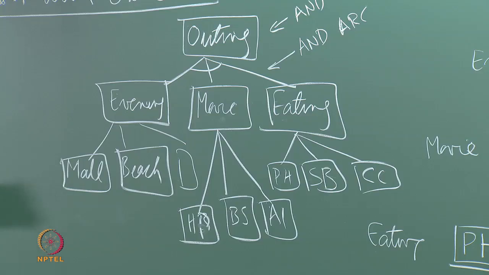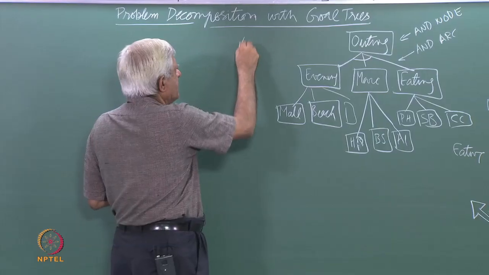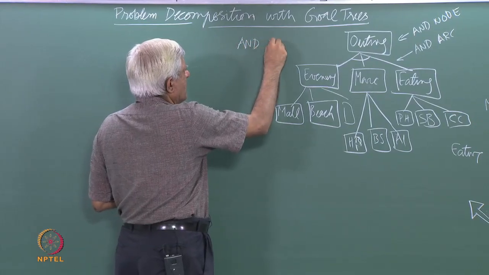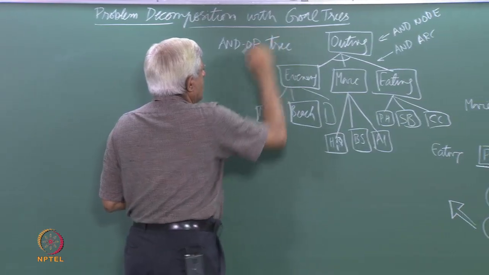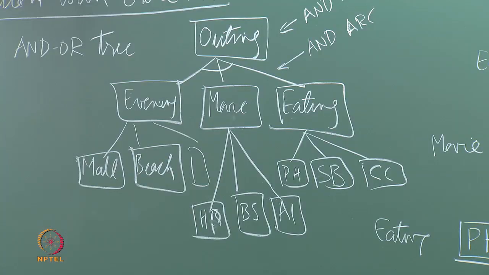So, such a tree is called an AND OR tree, because it has AND nodes as well as OR nodes in them.